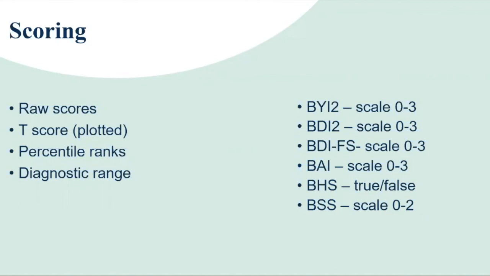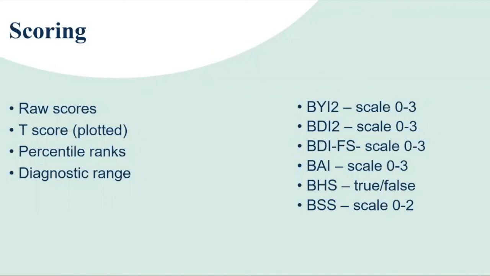T-scores are calculated using the means and standard deviations specific to a particular norm group by age and gender. So again, another example using the Beck Youth Inventory would be calculated against 7 to 10-year-olds, 11 to 14-year-olds, and then 15 to 18-year-olds. However, when these scores are not distributed normally, the T-scores alone might not reflect the frequency with which the score was obtained within that group.